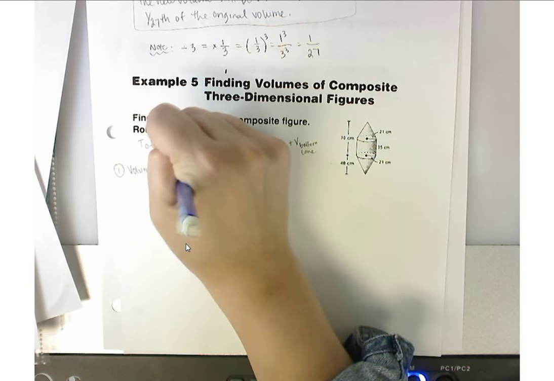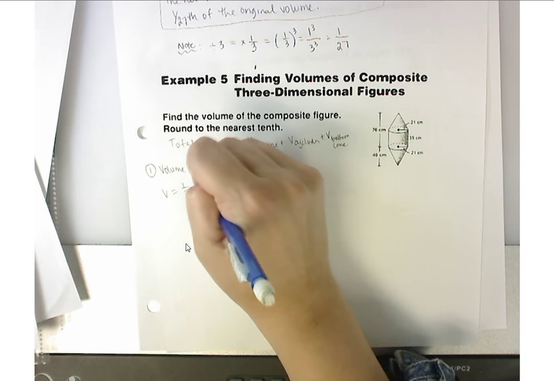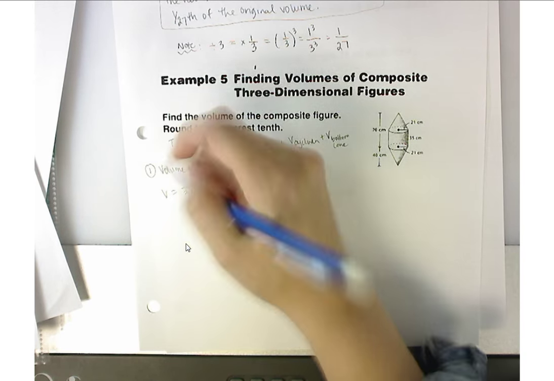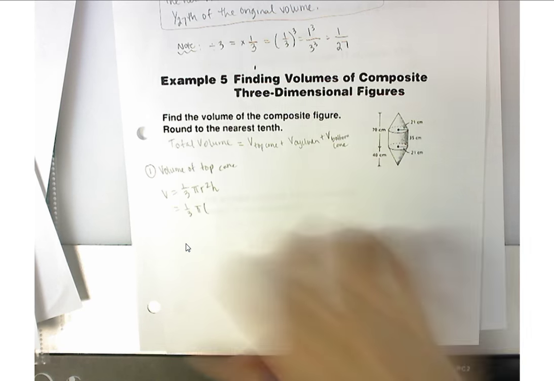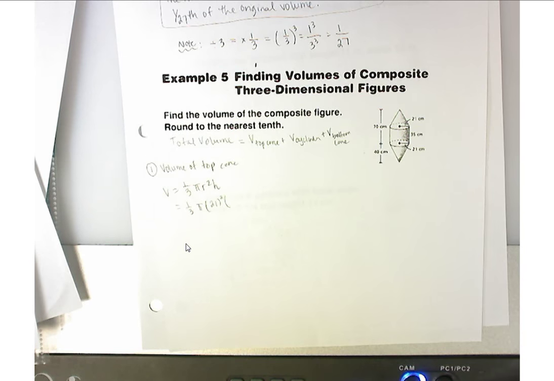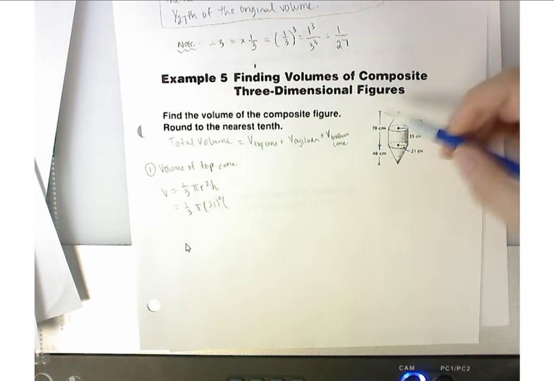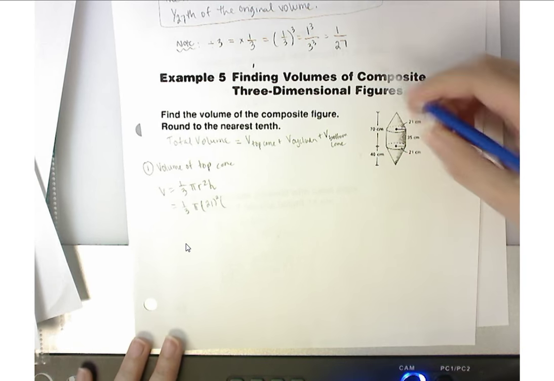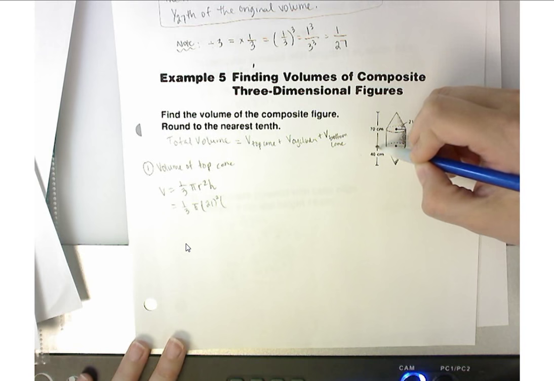So the volume of your top cone is 1/3 pi r squared times h. And they do have the radius clearly marked for you here. Then you also have to figure out what the height is. Now, notice that the 70 goes from the top of this cone to the bottom of this cylinder.